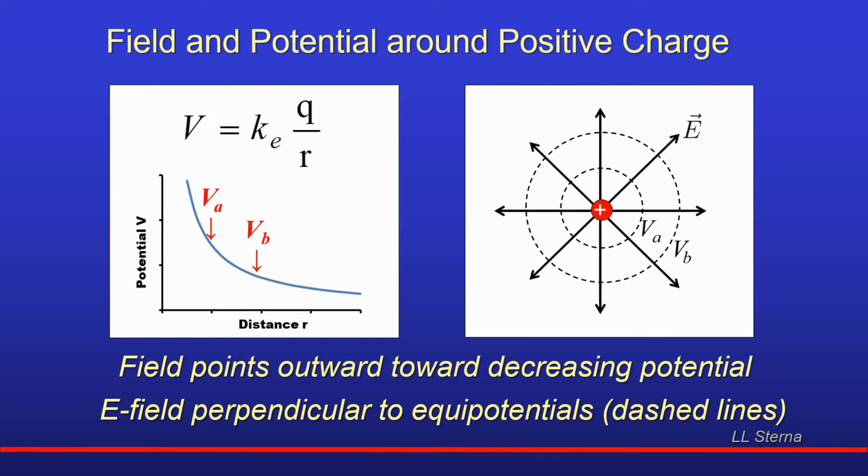Those dashed lines, one for V sub A, one for V sub B, are called equipotentials. Means everywhere on that dashed line, at that distance from the charge, you have a constant potential for the one, V sub A, for the other one, constant potential, V sub B. Since the electric field depends upon change in voltage, there will be no component of the field along an equipotential because voltage is constant.